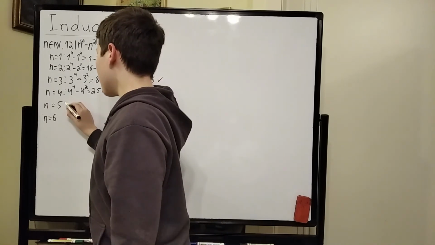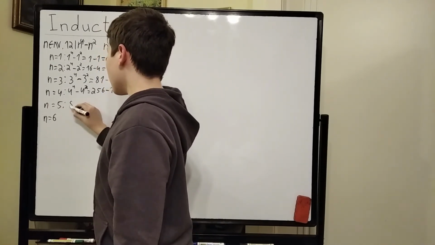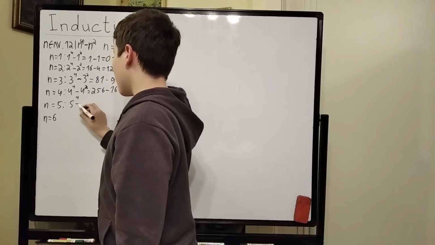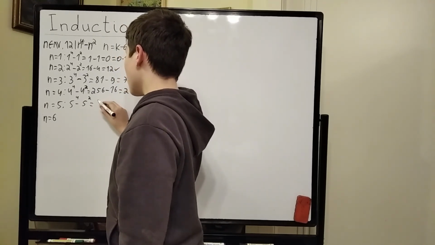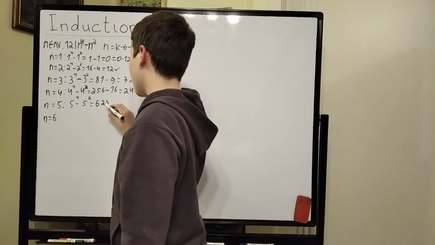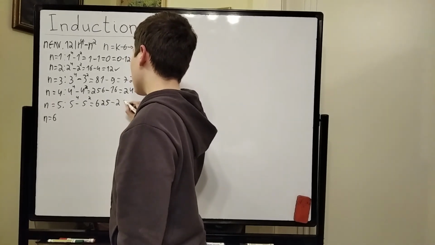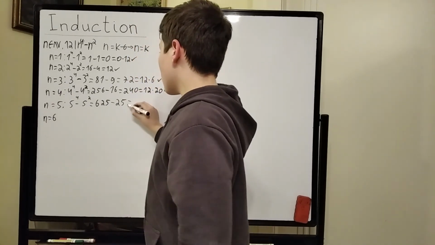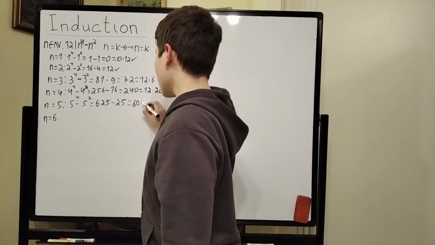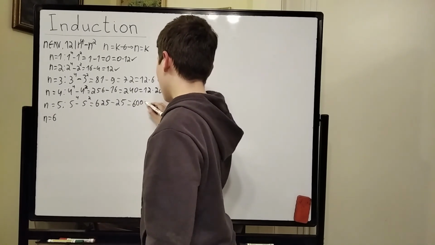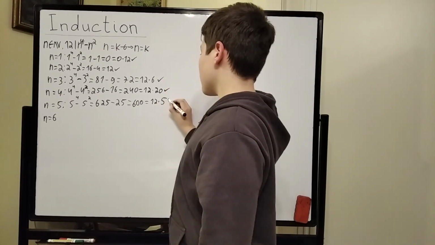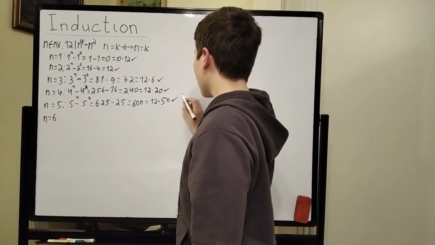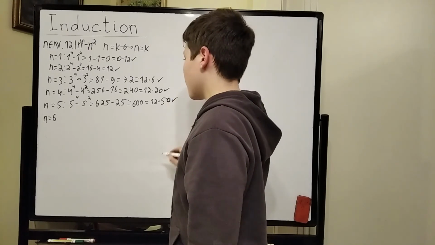Then we have 5 to the fourth minus 5 squared, which is 625 minus 25, which is 600, which is 12 times 50. So that also divides into 12.